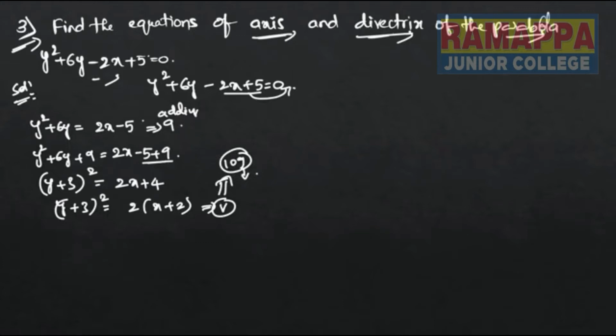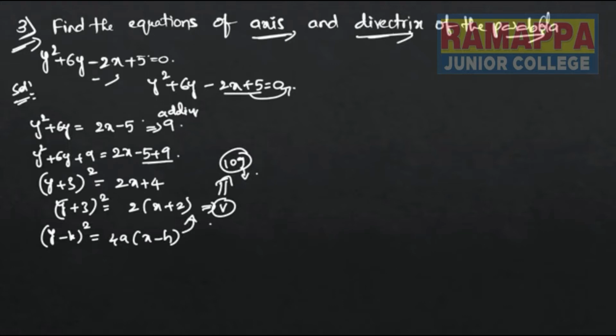There, y minus k whole square is equal to 4a into x minus h. I will compare with this one. See in your textbook, page number 109, the fifth one, y minus k whole square is equal to 4a into x minus h.